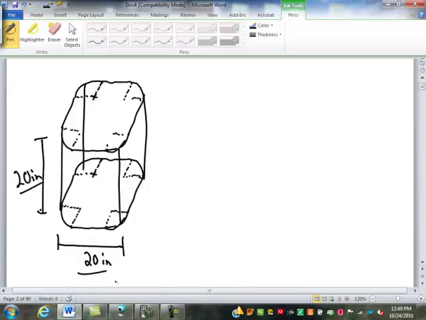I'm going to give you guys some time. Find volume and surface area. Now I'm going to lead you through this kind of step by step here.